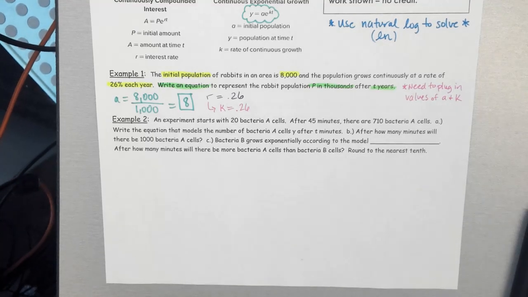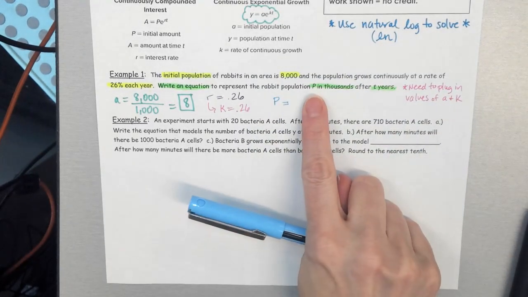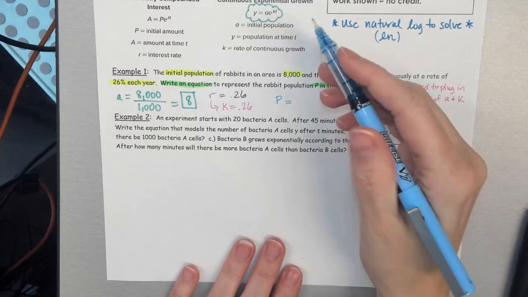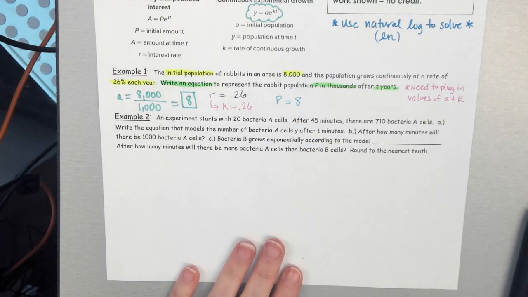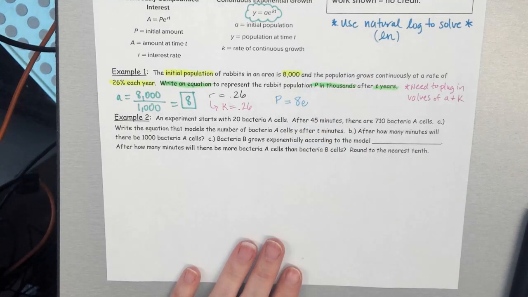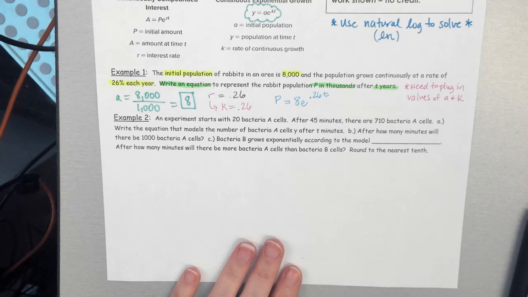Okay, so that tells you that your output is P, so we're going to use P equals. Sometimes they might say y. Okay, and then our a value is 8. And then it's e to the power of kt.